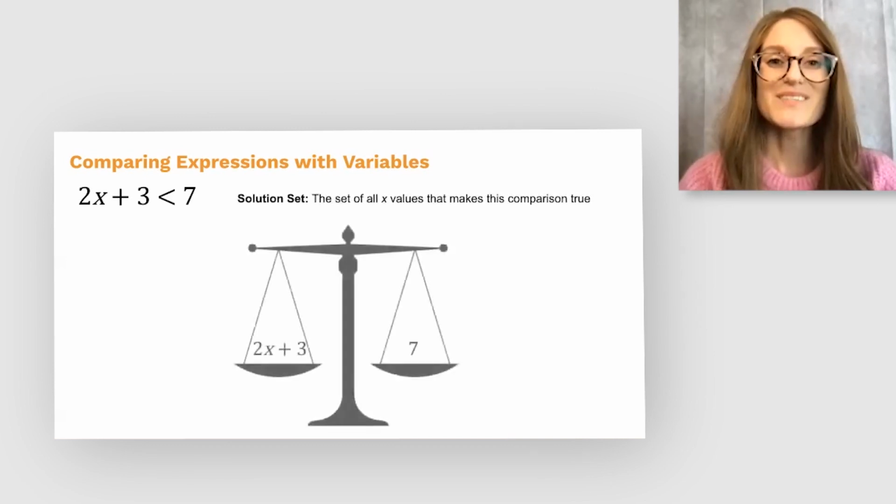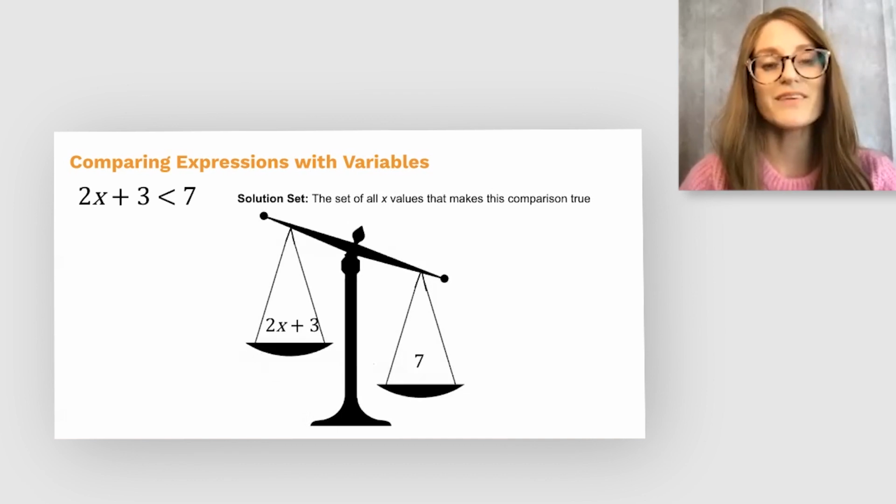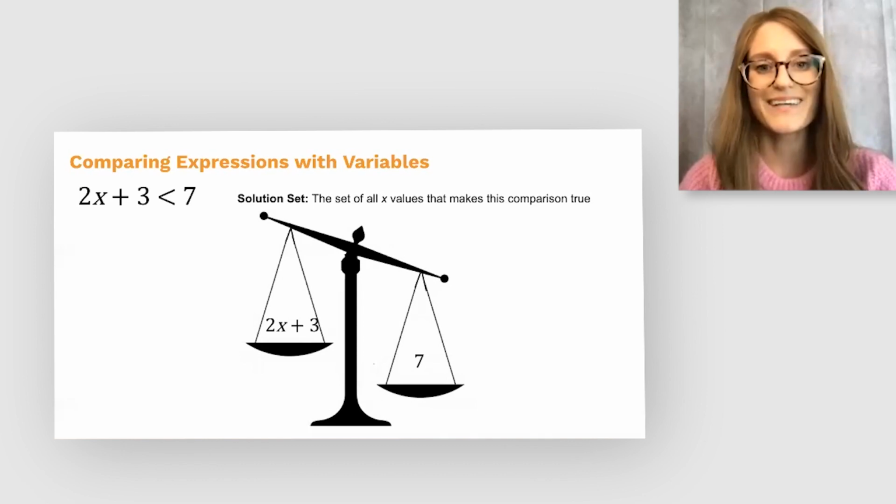If I picture these quantities on two sides of a scale or a balance, then I can picture the scales tipping as I change the value of x. Finding the solution set means finding all of the values of x that tip this scale so that 7 is heavier than 2x plus 3, pulling the scale down on the right side.